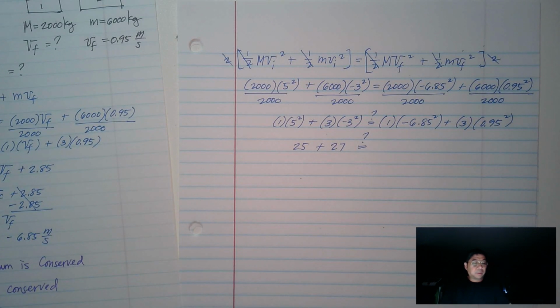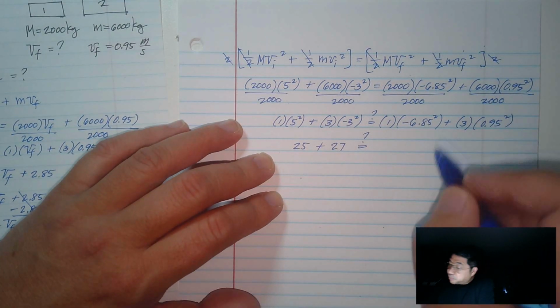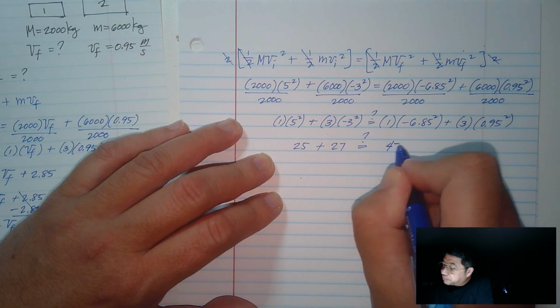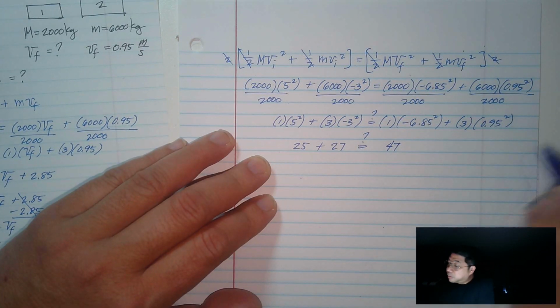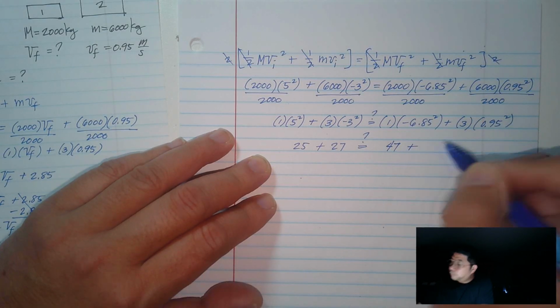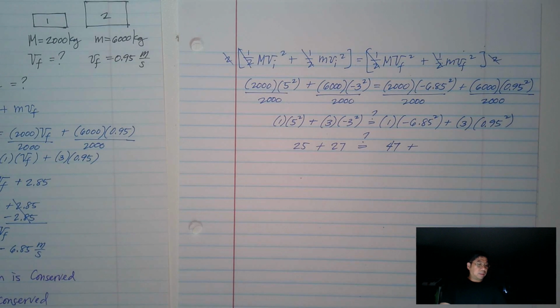Let me just use the calculator quickly. 6.85 squared is 46.9, or I can just say this is approximately 47. And then plus, what is 3 times 0.95 squared? Times 3.